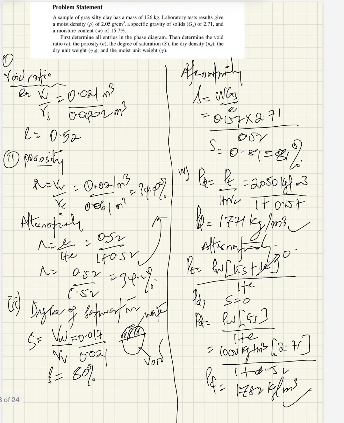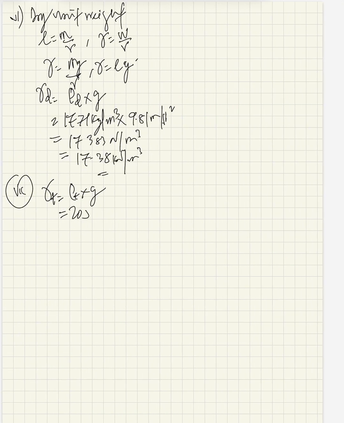We have it to be 2050 kilogram per meter cube times 9.81 meter per second squared. 2050 times 9.81 gives us 20110.5 Newton per meter cube, divided by 1000 gives us 20.11 kilonewton per meter cube. So that's how to obtain your moist or total unit weight.